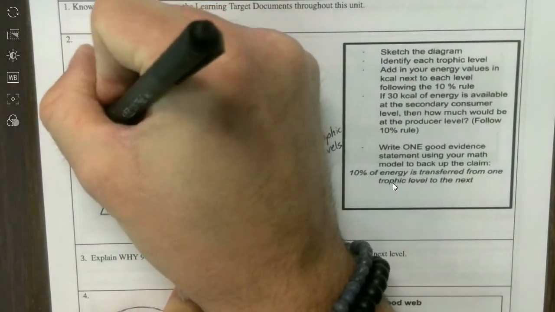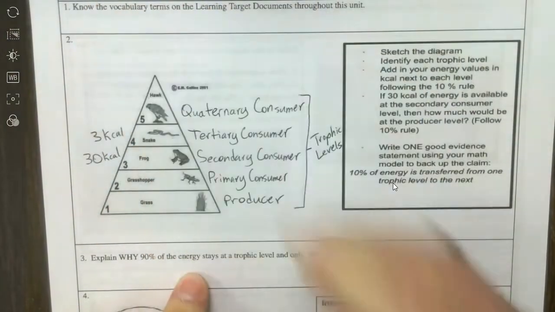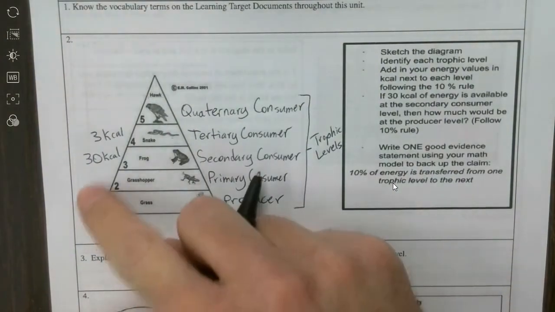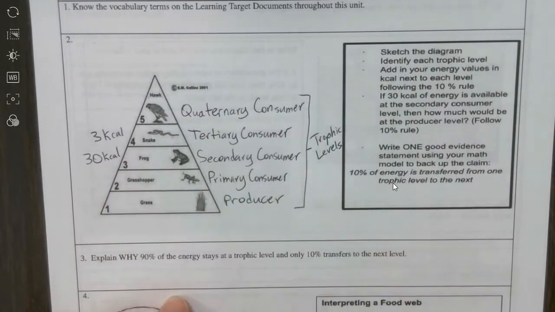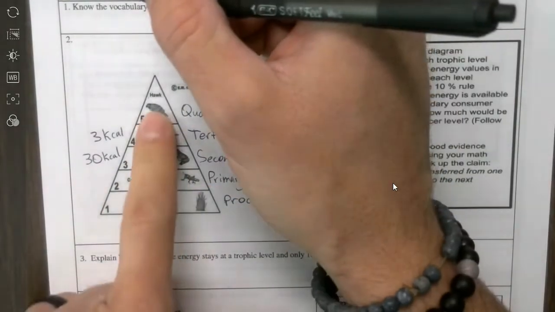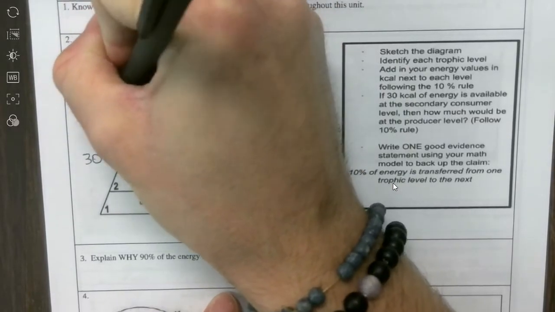It would be 3 kilocalories, or 10% of 30. The hawk here, if it ate the snake, would get 0.3 kilocalories.